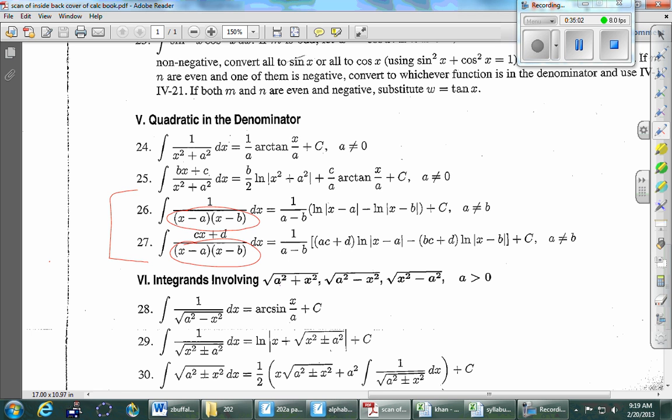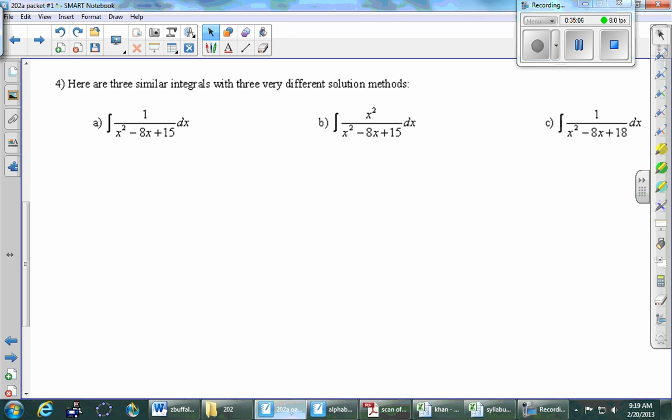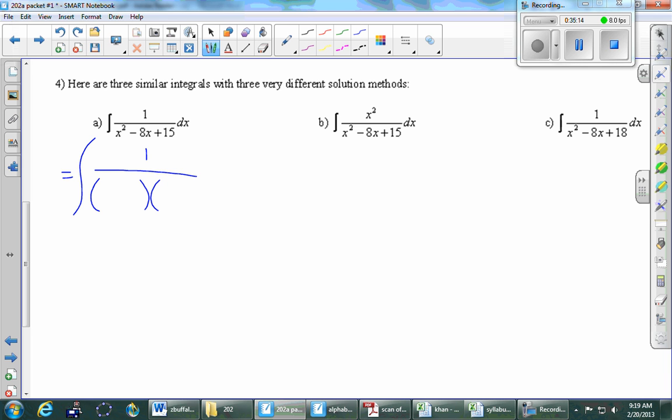So let's try. Okay, part A, 1 over x squared minus 8x plus 15. So this is really 1 over, and then go ahead and factor that quadratic.